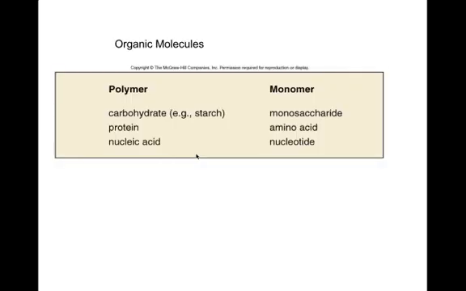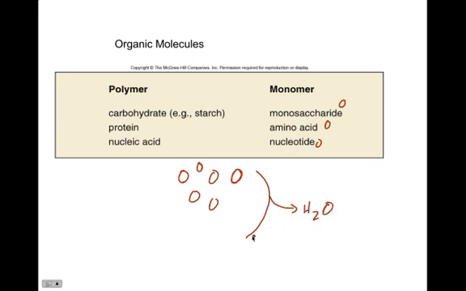And hopefully you by now have this down pat in terms of polymers to monomers. One of the things we did with the Nearpod activity is we saw that we can represent all the monomers as single units. These single units can be put together by a process called dehydration synthesis, in which water is removed, and we can ultimately form a polymer.